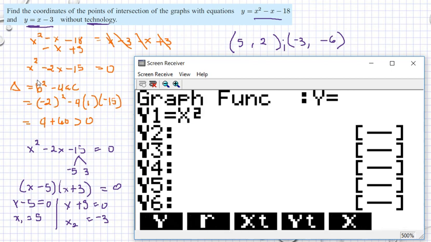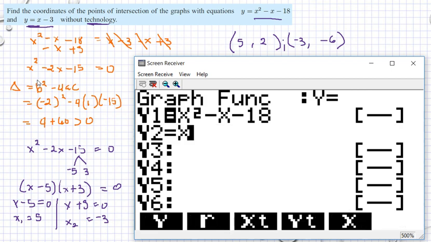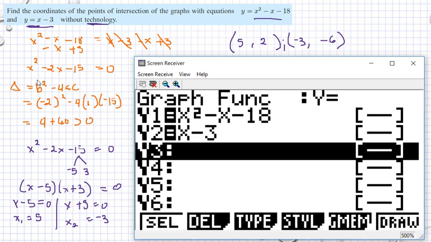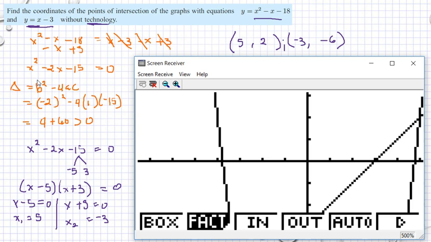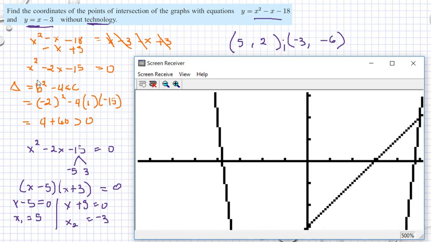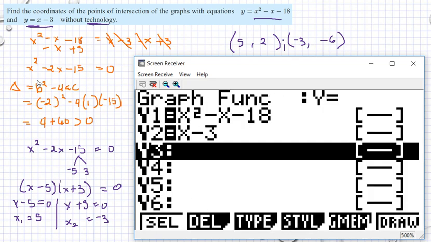We have x squared minus x minus 18, and the other is x minus 3. Draw. I will just zoom, for the window, exit window. I will type the initial.